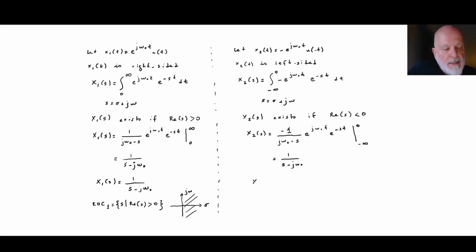And similarly, x2 of s is 1 over s minus j omega 0, the same expression. However, the region of convergence is all those s such that real part of s is negative.